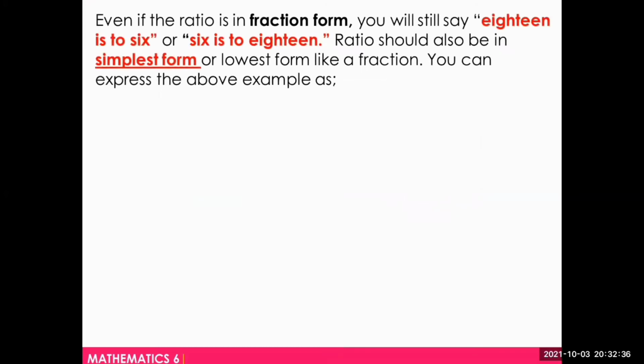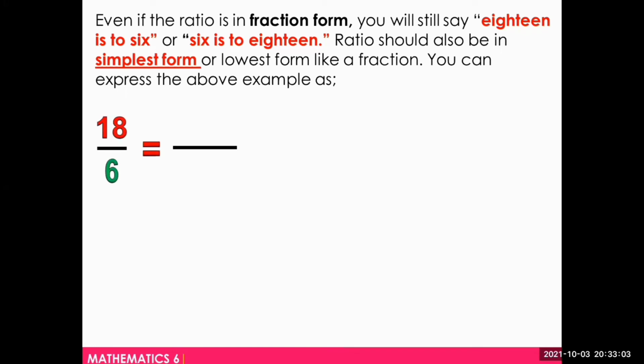Even if the ratio is in fraction form, you will still say 18 is to 6 or 6 is to 18. Ratio should be in simplest form or lowest form like a fraction.